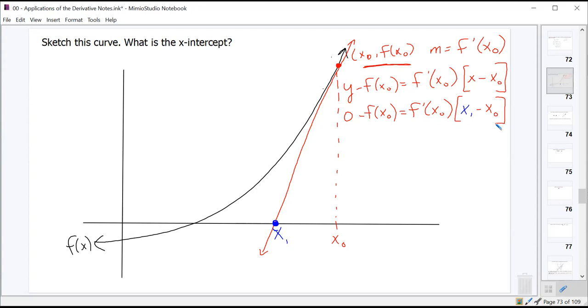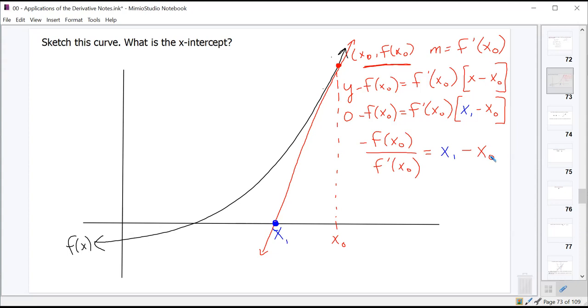And we want to know the value of x1, so we would just need to solve that for x1. The first thing to do would be to divide by f prime of x naught, so we have negative f of x naught over f prime of x naught is equal to x1, that value we're looking for, minus x naught.